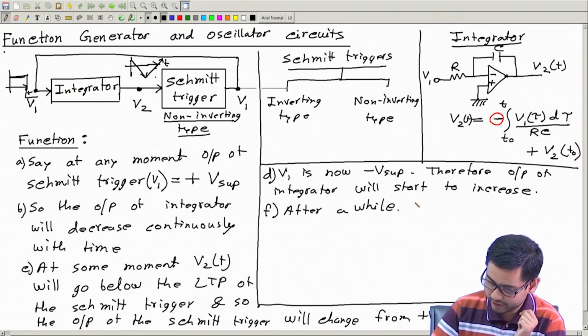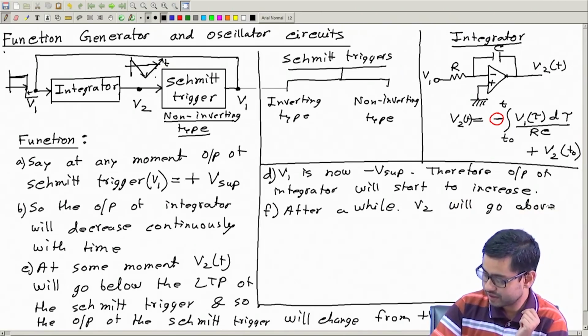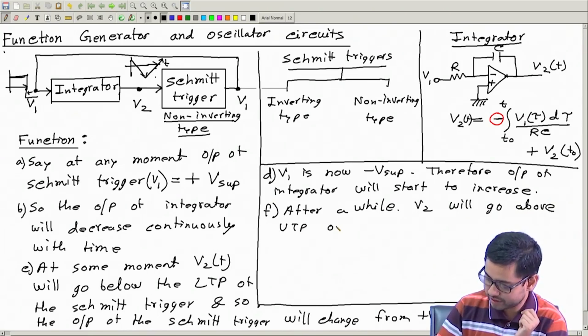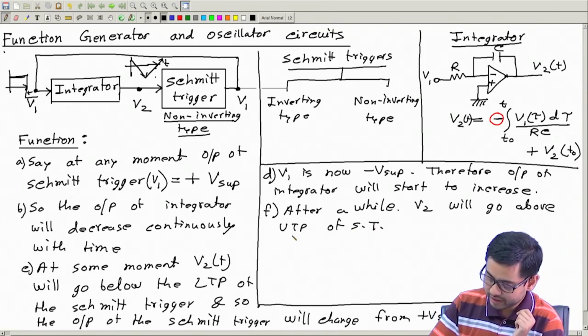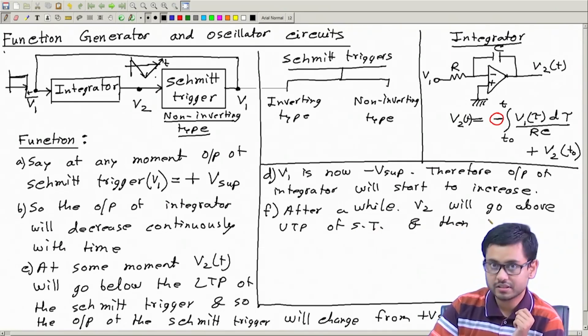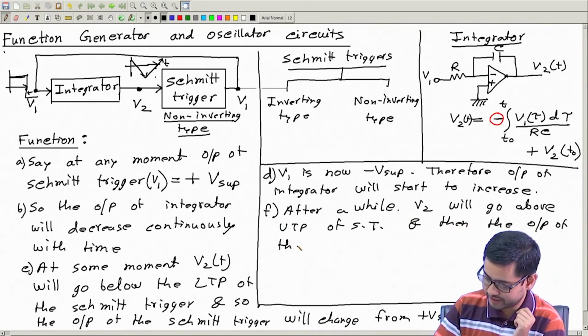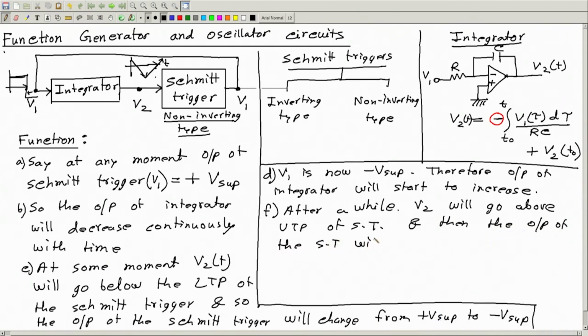So, after a while, V2 will go above the upper trigger point of the Smith trigger, ST in short, and then the output of the Smith trigger will become plus V supply again.